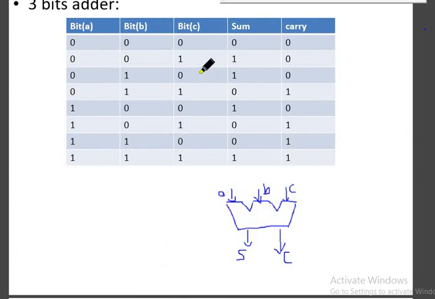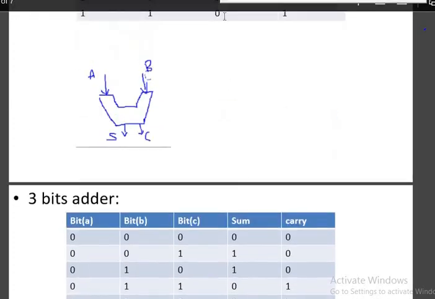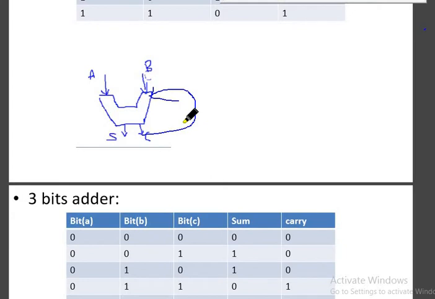So what do you mean by a 3 bits adder? There will be 3 inputs, but we keep the output as 2 only: sum and carry. The inputs are A information, B information, C information. As I mentioned, if we give the carry back to the adder, it becomes 3 bits: information 1, information 2, and the output of the first step, which is a feedback.